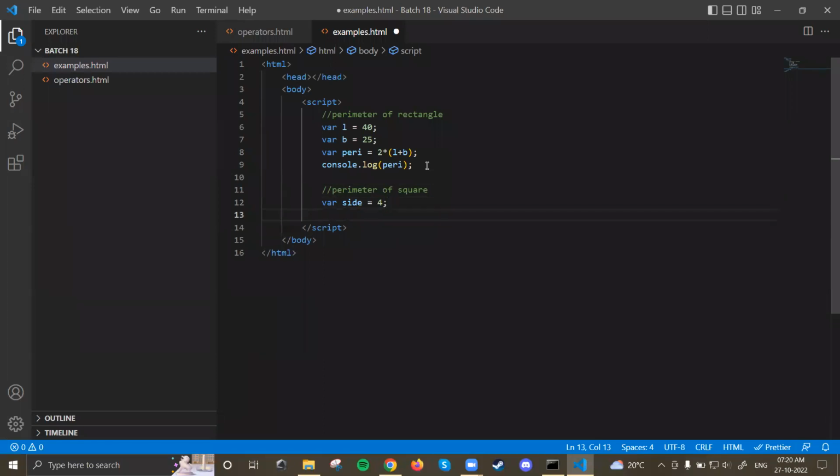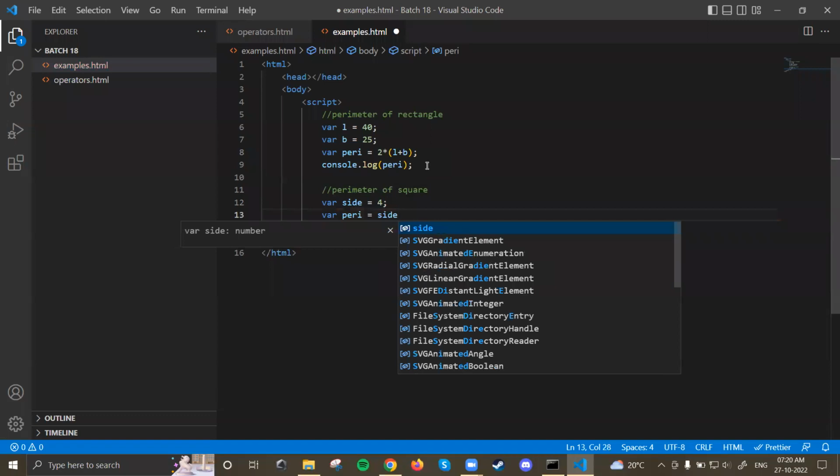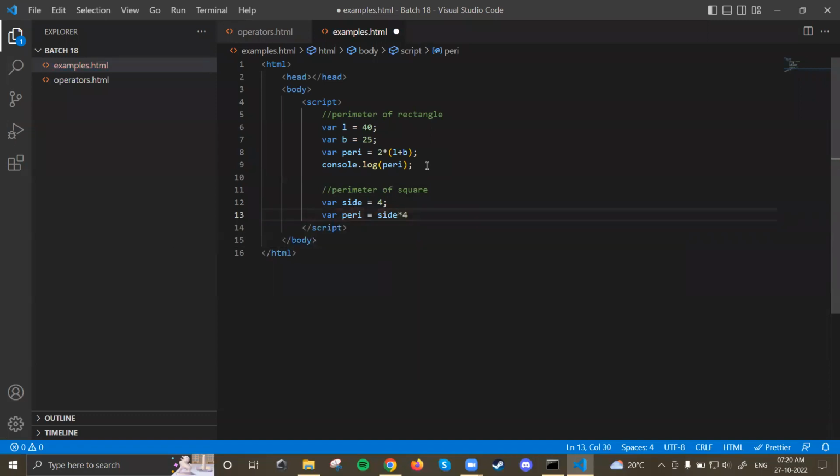So what I can write here is, where perimeter is equal to, what do I write here? Yes, side into 4, isn't it? Because one side is 4. So let me make it as 5.